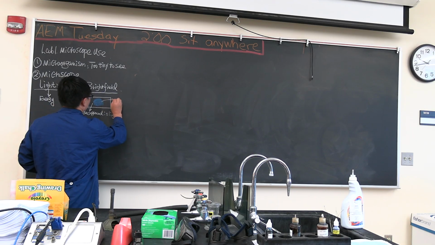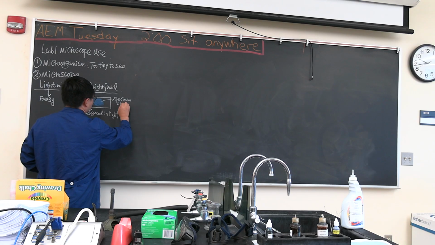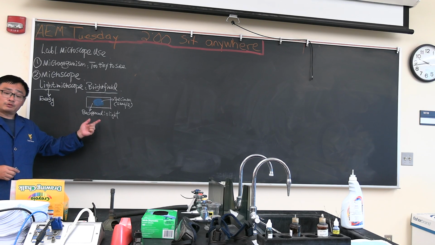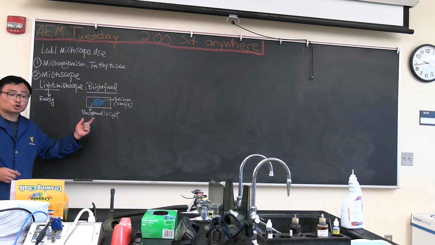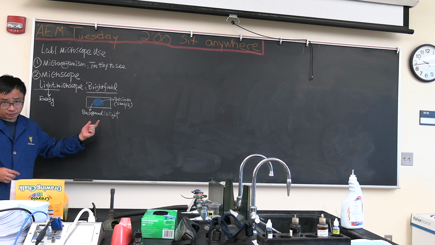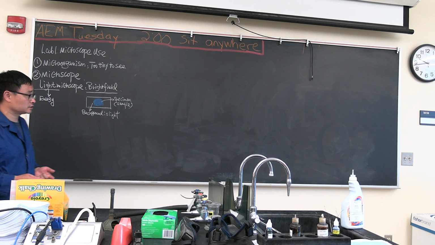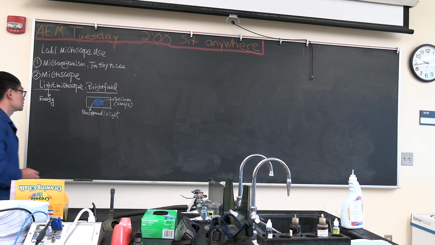This is called the specimen, or we say sample. This is called a bright field light microscope. We say this in contrast to the dark field microscope, which we will mention in the lecture. We don't have it here. So what we have here is a light microscope, bright field.